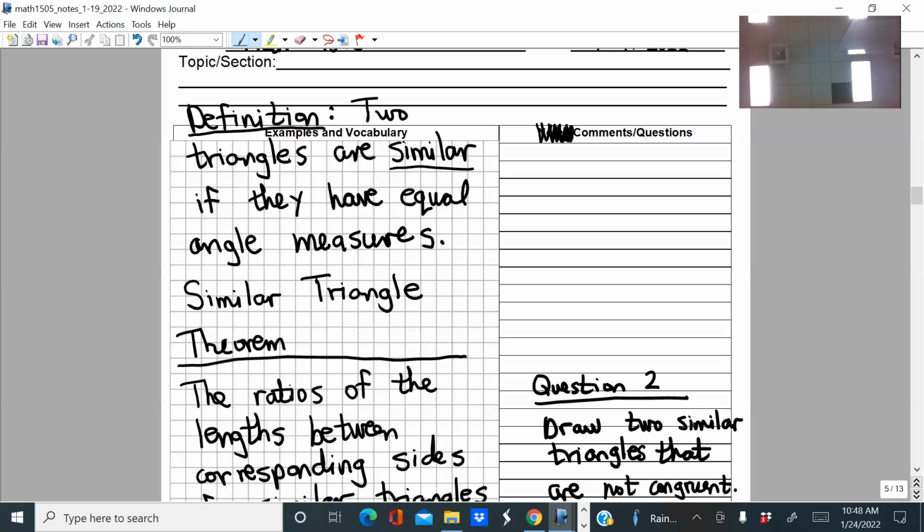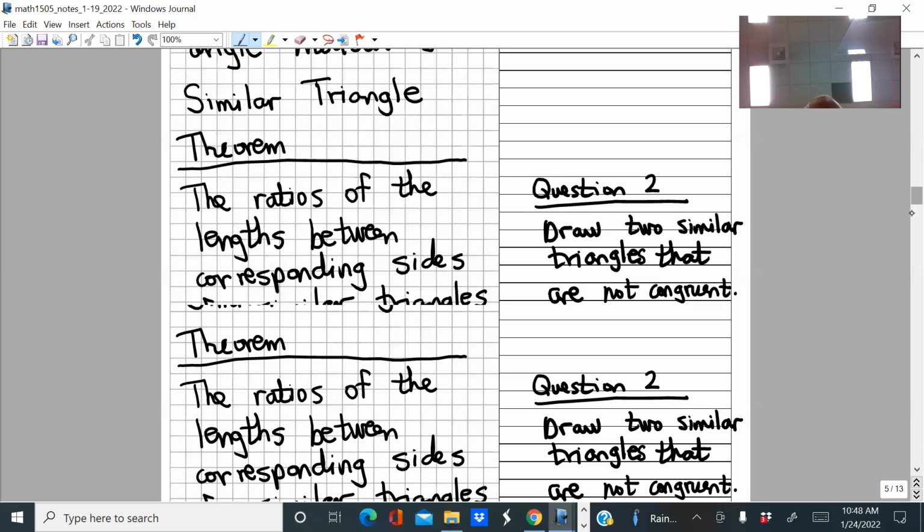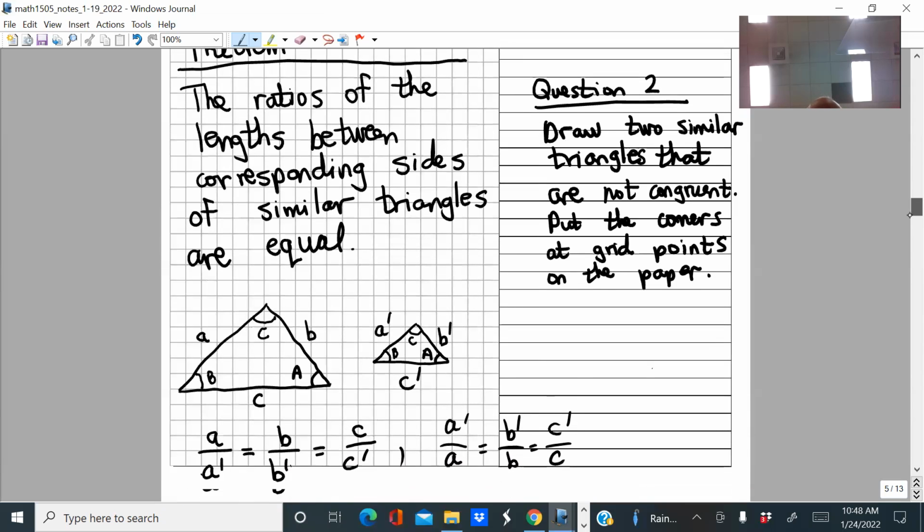All right, so y'all did pretty good there. Let's draw a pair of similar triangles here and see if y'all agree.